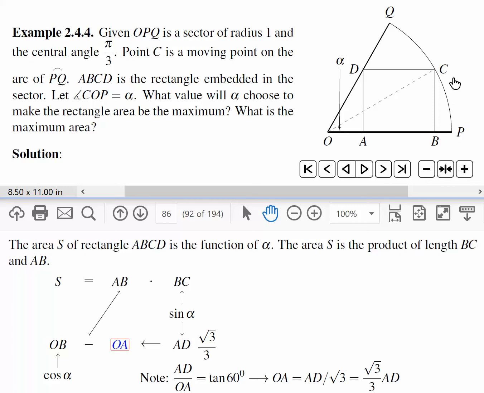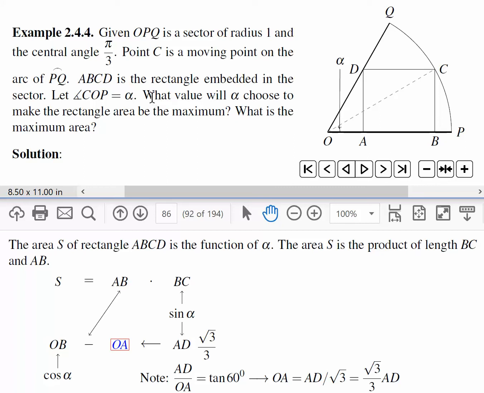We want to know at which point C on the arc will make this embedded rectangle the maximum.